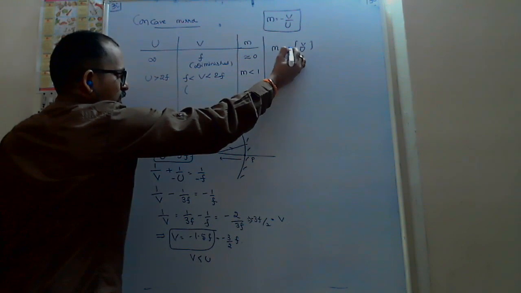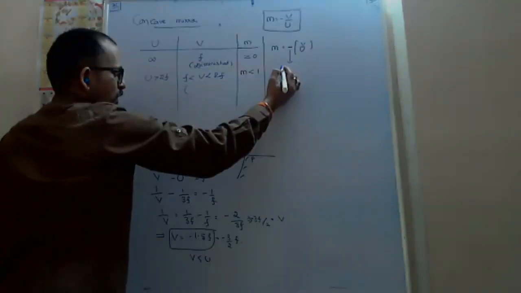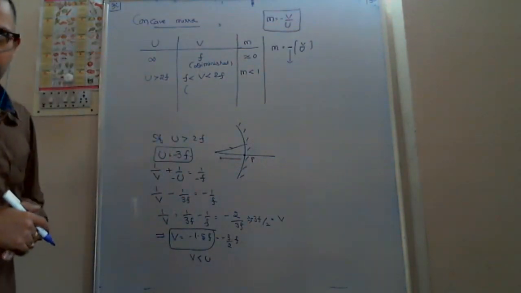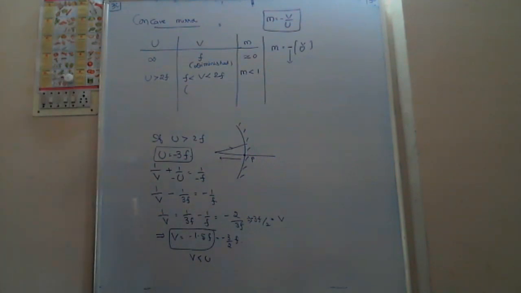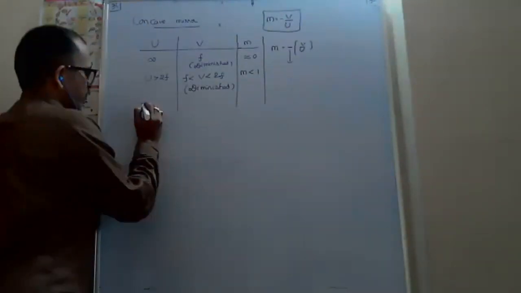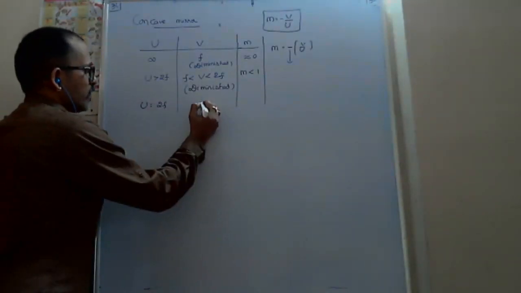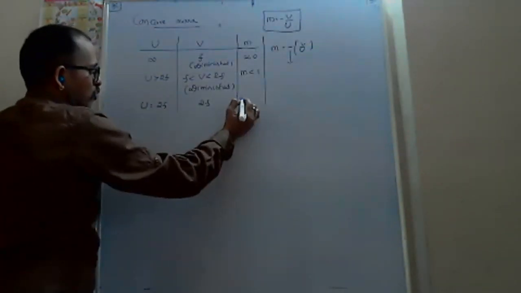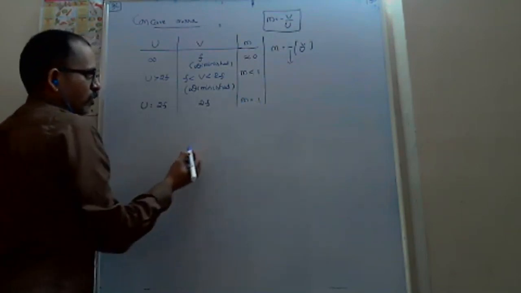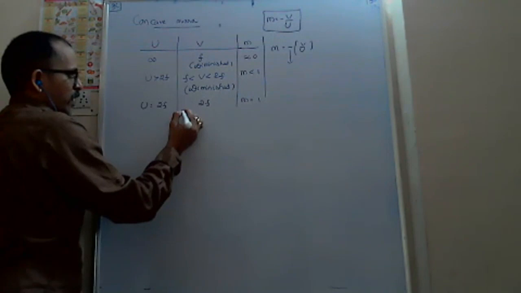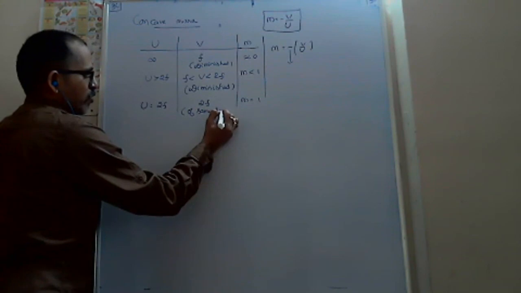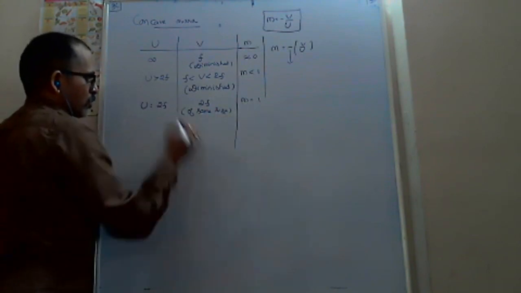Keep in mind, the negative sign in magnification represents whether the image is inverted or erect. If u equals 2f, then v is also 2f, so v by u becomes 1. Yes sir, this is the same size as the object.